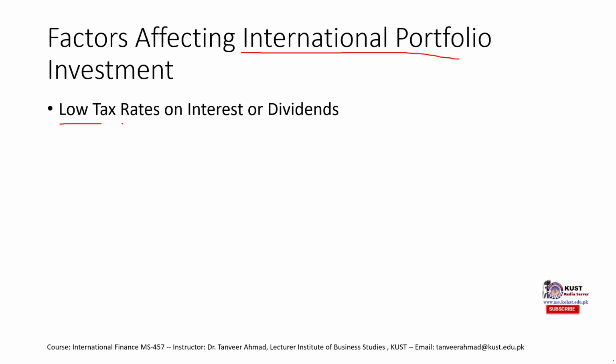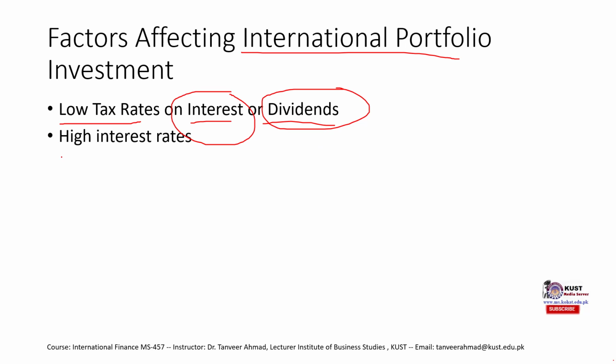So, if there is a lower tax rate on dividend and interest, on the factor income, then foreign investors would try to buy more bonds or shares in the lower tax rate countries, because then they would know that their dividend would have lesser cost as compared to other countries.